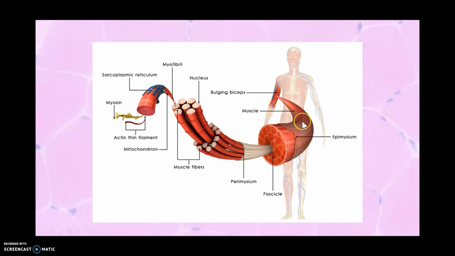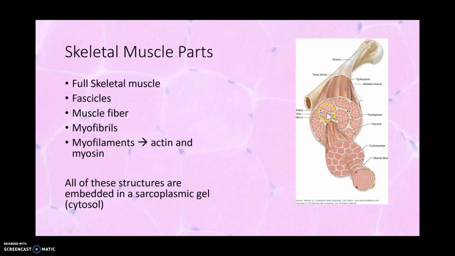So each individual muscle fiber is wrapped in a connective tissue called the endomysium. If we come here and we go into an individual muscle fiber, it is wrapped in endomysium. So this is one muscle fiber, so this would be the endomysium right here, wrapped around one muscle fiber.